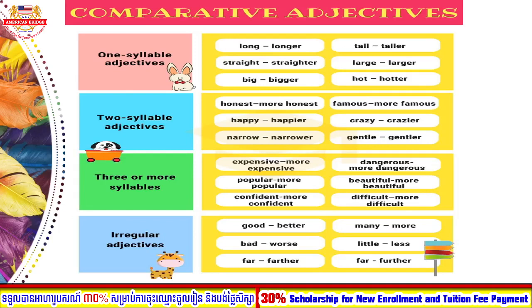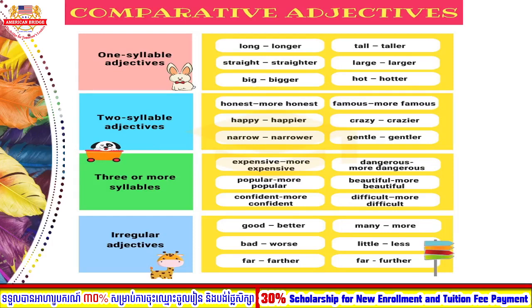Tall, taller; big, bigger; hot, hotter. As you know already, if we have one syllable with one vowel and one consonant, we need to double the consonant and add er. Look at this one that I will show you. This one is big, right? In big, the letter I is a vowel and G is a consonant.